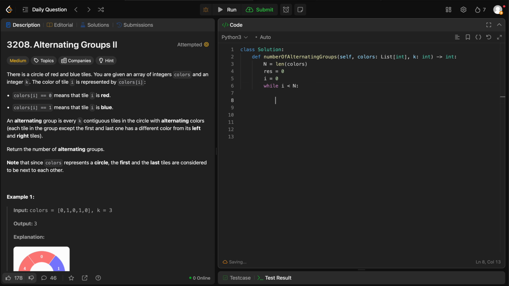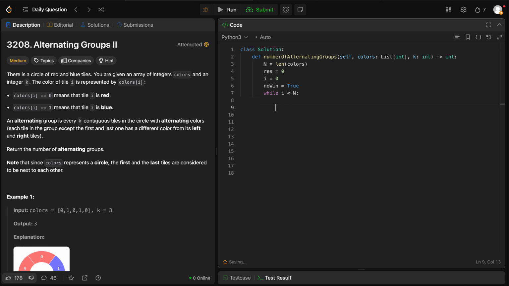And now I need to first find the window that works, and then I can skip if it does not work. So i is 0. Okay, i is less than n.